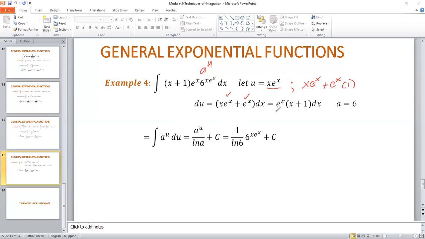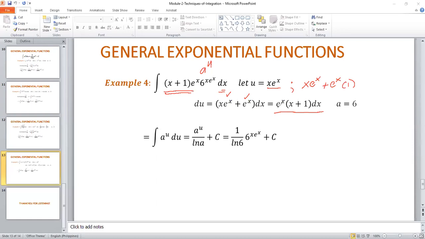So you see, this e raised to x times the quantity x plus 1 dx, which I temporarily considered as the derivative of my most complicated expression, really is the derivative. It does not have anything to do with the main function except that it's meant to represent the derivative of the u of my main function.